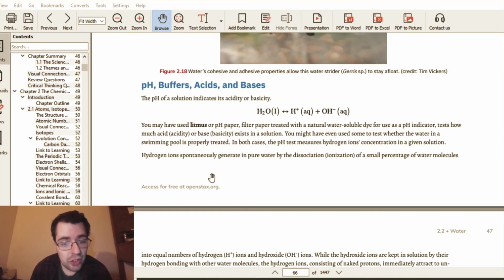The pH of a solution indicates acidity or basicity. If you guys recall from 2.1, an acid is anything that gives away hydrogen atoms, or is in a solution that contains hydrogen atoms. And a base is anything that takes in hydrogen atoms, or is in a solution that contains OH molecules.